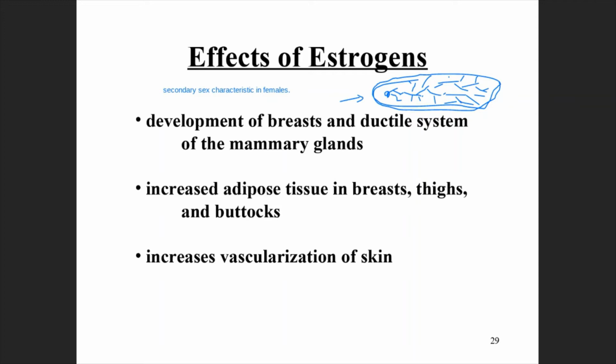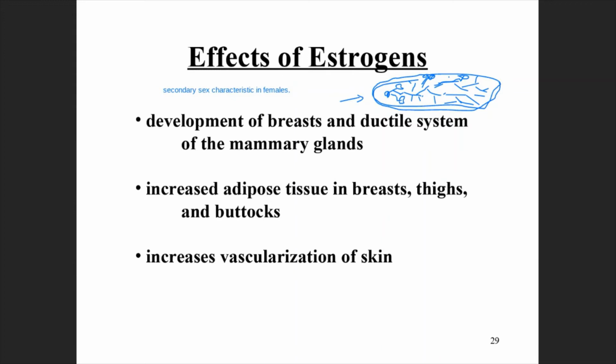During pregnancy, for example, if you have a lot of prolactin, the ductal system will become more expanded and lobular. We call that alveolar lobular structure, which produces a lot of milk, which then can be secreted. After lactation, most of these cells will die.